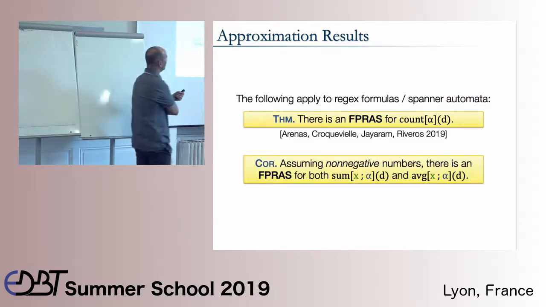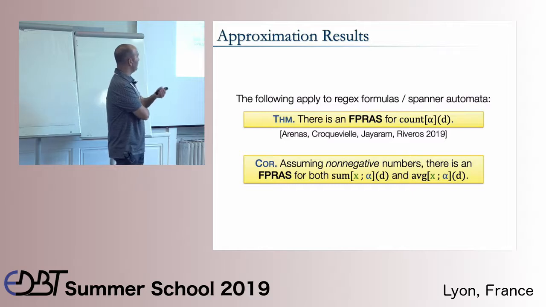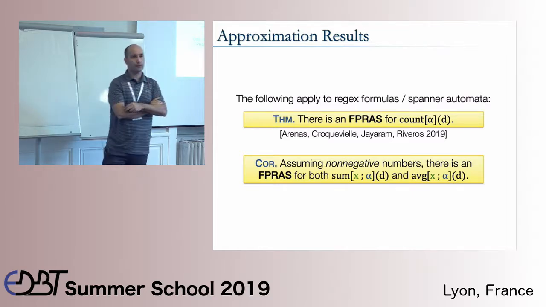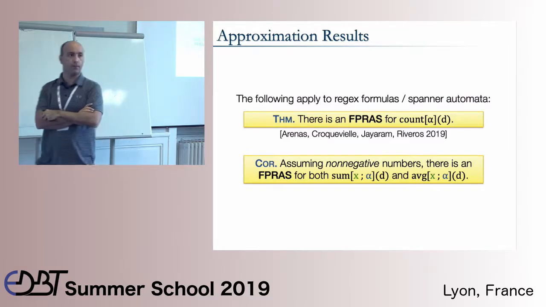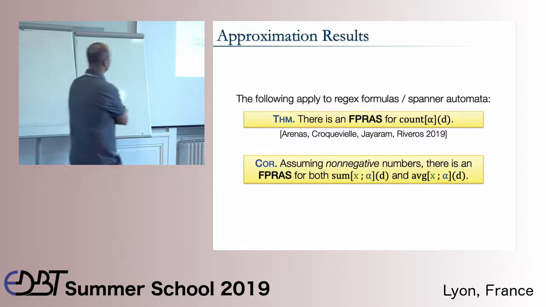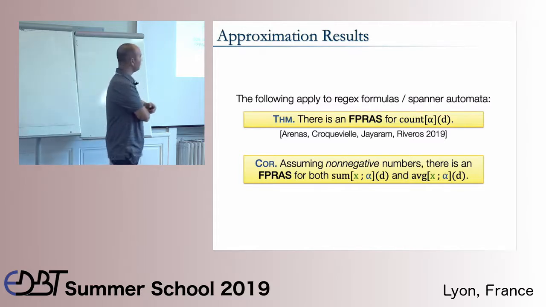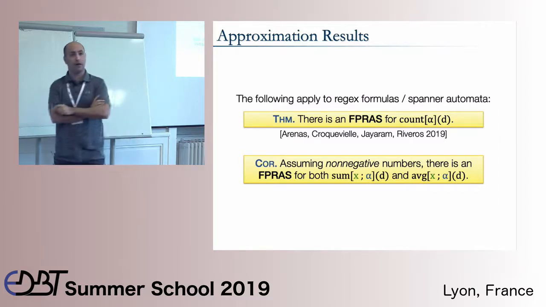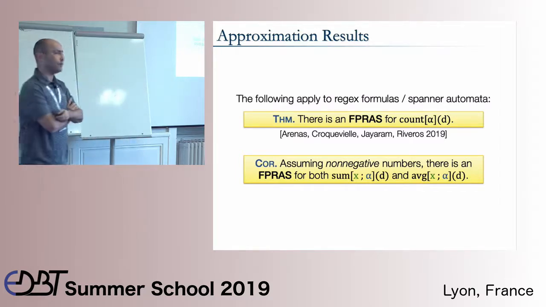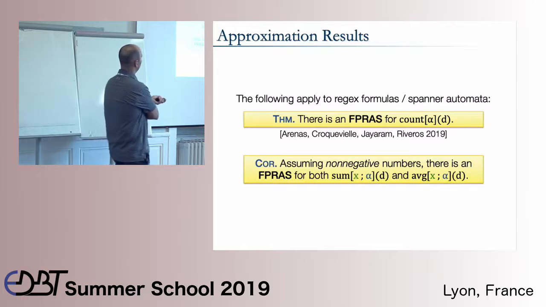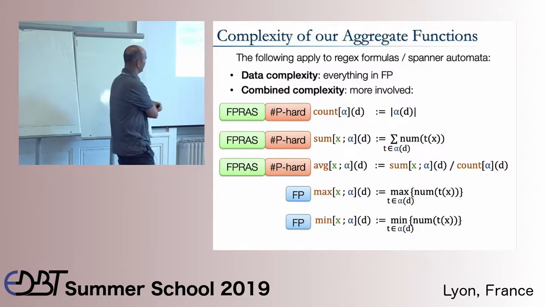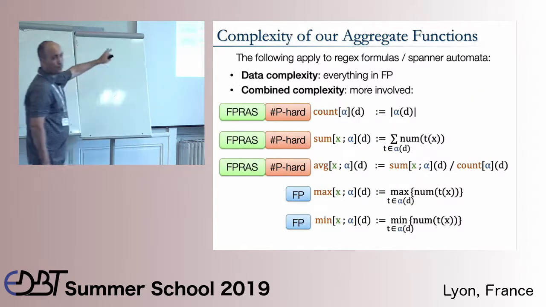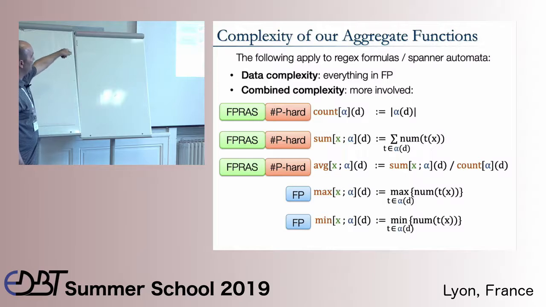With that, we can actually show that this generalizes to the approximation of sum and average, but only if you have non-negative numbers. If you have negative numbers, then this doesn't apply. We can actually show that it isn't possible with negative numbers. But with positive or non-negative numbers, you have this picture.